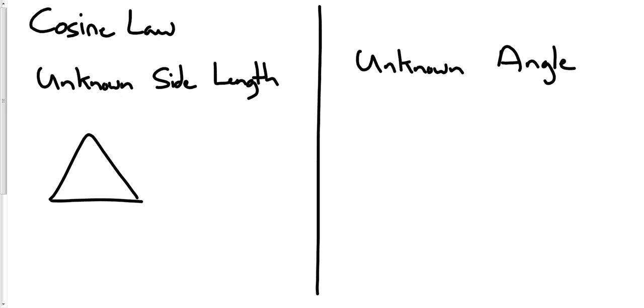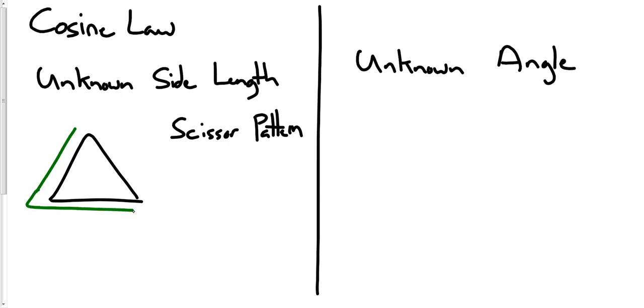use the unknown side length, you have to have what I like to call the scissor pattern. The scissor pattern requires you to have two side lengths, side by side, and the enclosed angle.